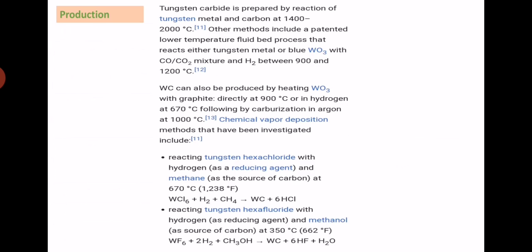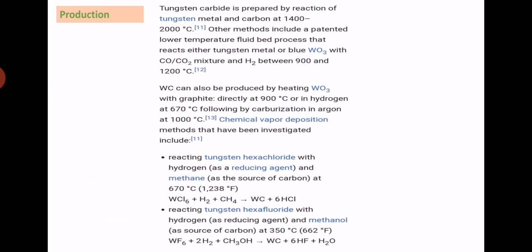And when we come to production, it can be prepared by the reaction of tungsten metal and carbon in the range of 1400 degrees Celsius to 2000 degrees Celsius. Other methods include a patented lower temperature fluid bed process that reacts either tungsten metal or blue WO3, that is tungsten oxide, with a carbon monoxide or carbon dioxide mixture and hydrogen between 900 and 1200 degrees Celsius.